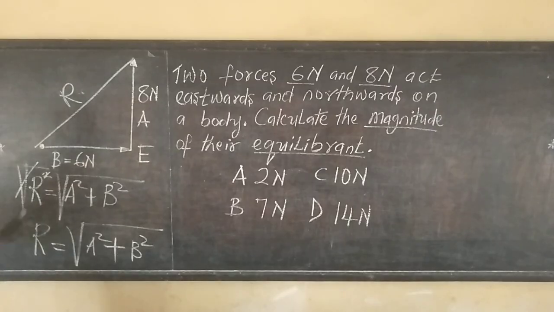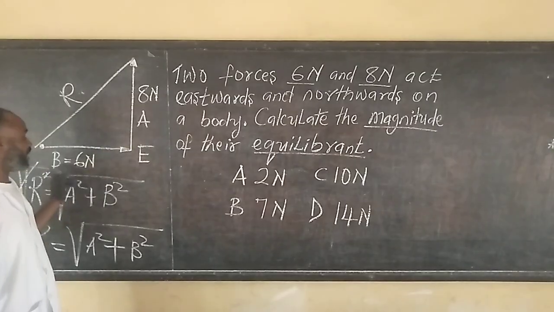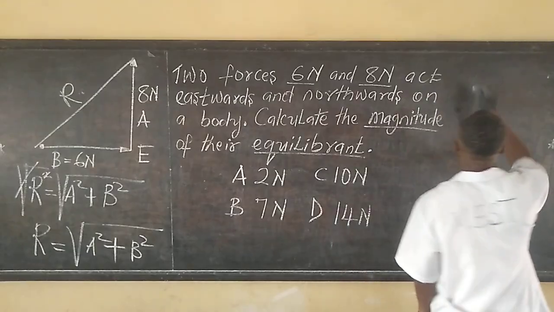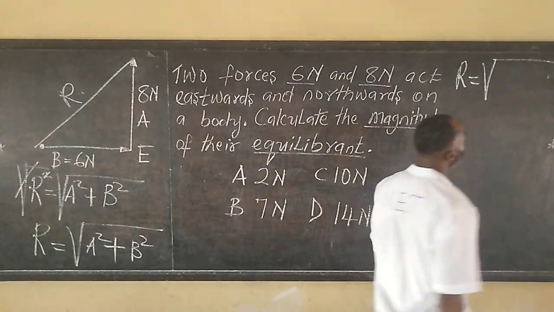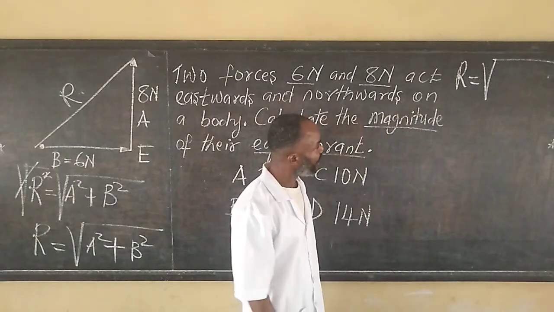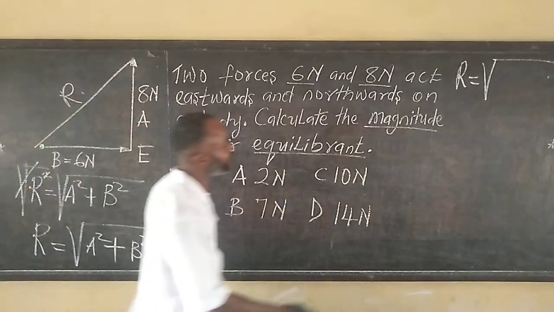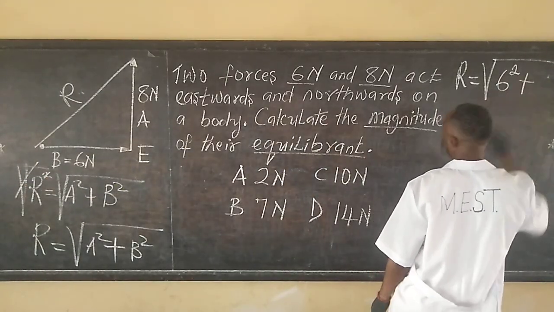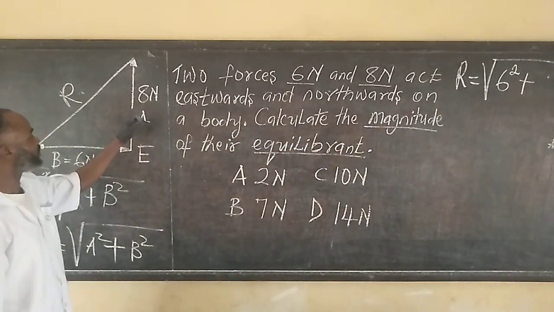Then we do the final substitution because we already know our values. A is 8 Newton, B is 6 Newton. So R is equal to the square root of, for A squared, 8 squared.